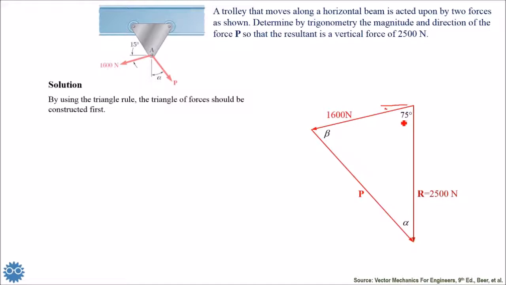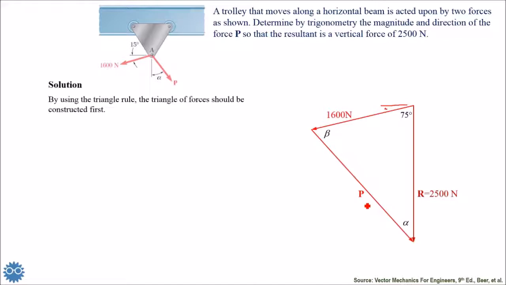We know only one angle, which is 75 degrees, and this angle faces an unknown force. So here we cannot apply the law of sines, because if we try to put, for example, 2500 over sine beta, beta is unknown. If we try 1600 over sine alpha, alpha is unknown. If we try P over sine 75, P is unknown. So actually here you cannot use the law of sines.